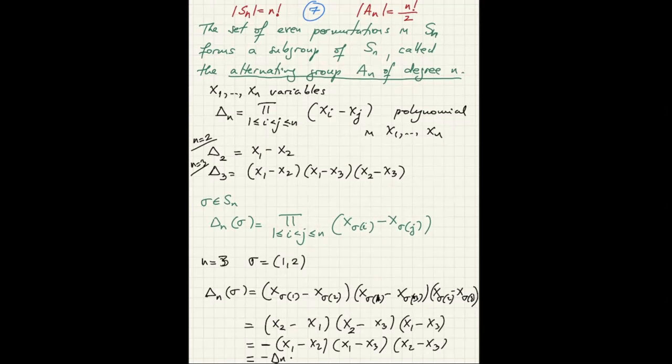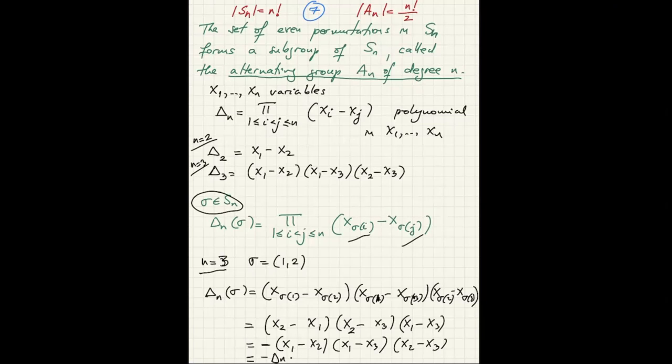And now for every permutation sigma in Sn, we can define another polynomial, delta n of sigma, which is again the product over all i less than j. But here, it's not going to be xi minus xj, it's going to be x of sigma i minus x of sigma j. So let's see what happens in this simple case where n equals 3 and the permutation sigma is (1 2).